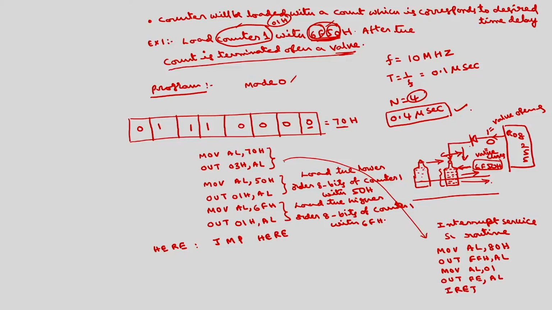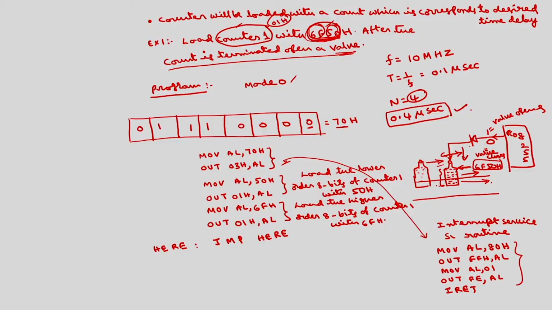So, whenever this terminal count is reached, this will go and open the valve, again it will come back to the main program. In the main program automatically again you have to load that value, this 6F50. So, this will generate a time which corresponds to filling of this bottle. So, like that we can use this mode 0 operation to control the industrial process.